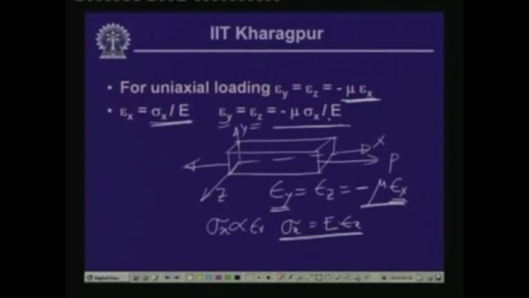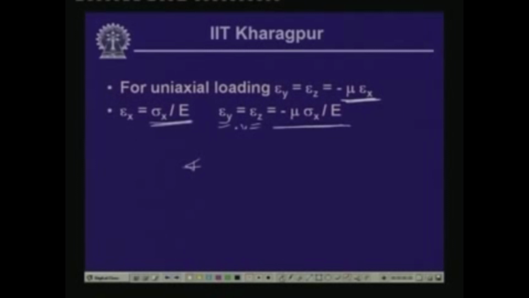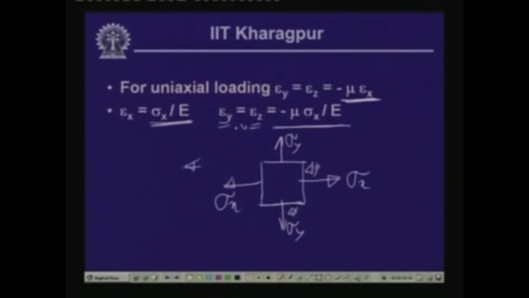Now, this particular concept can be extended to a planar body. If we take a planar body in which we have the normal stresses sigma x and sigma y, and if we say that its original dimensions are delta x and delta y, when they are being pulled, they will undergo extension.